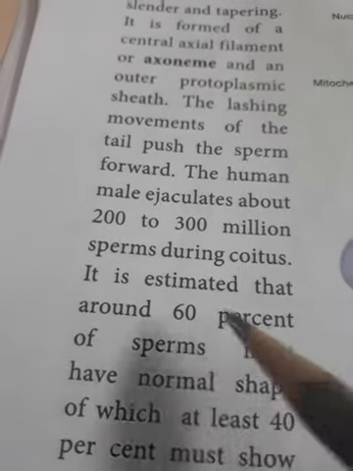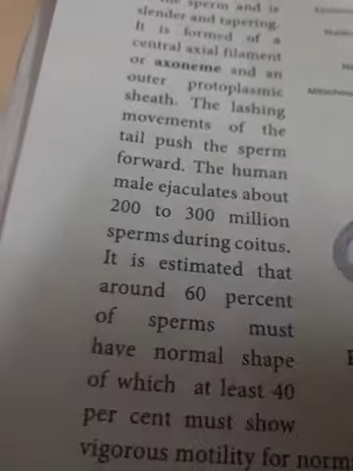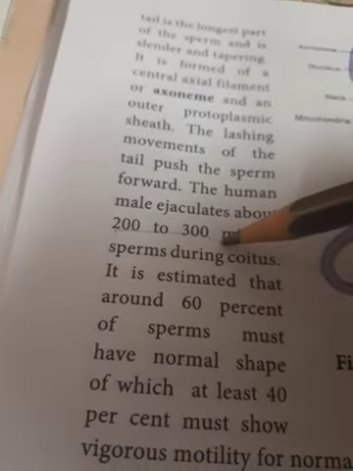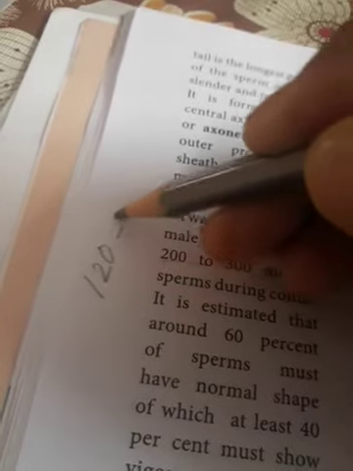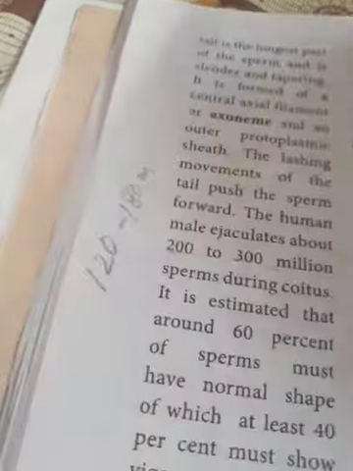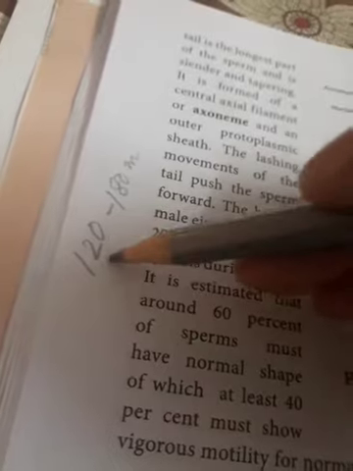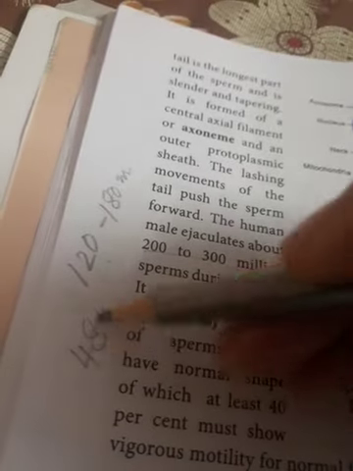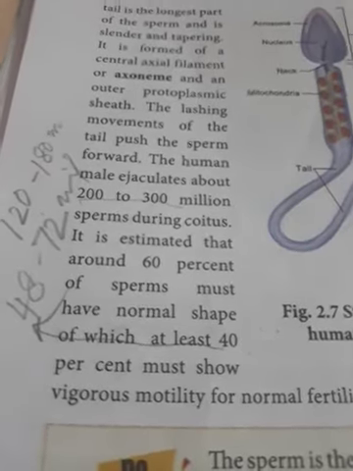It is estimated that around 60% of the sperms must be normal. 60% of 200 to 300 million means 120 to 180 million sperms must be of normal shape, of which at least 40%, meaning 48 to 72 million, must show vigorous motility for normal fertility.